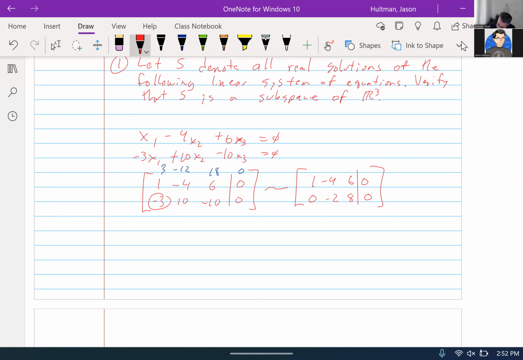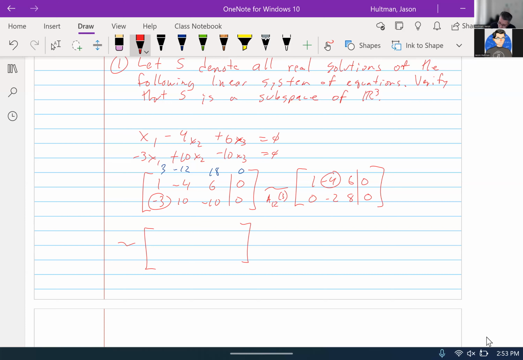So that was row 1 times 3, added to row 2. Okay, let's go to the next one. I'd like to get a 0 here for the negative 4. I'm going to multiply the bottom equation by negative 2 and then add that to the top equation, replacing the top equation.